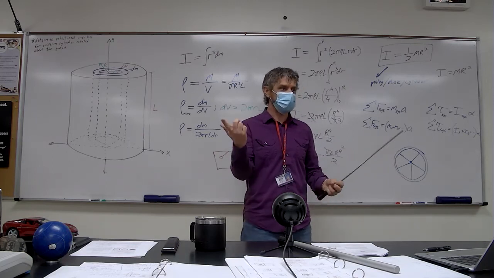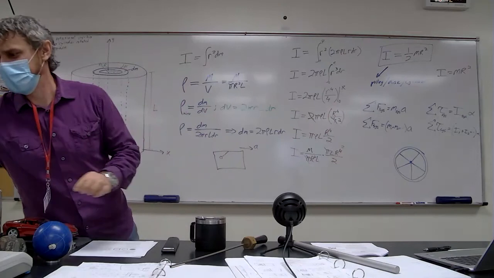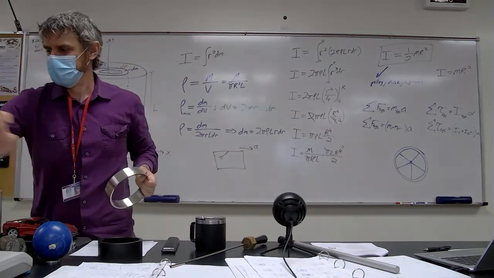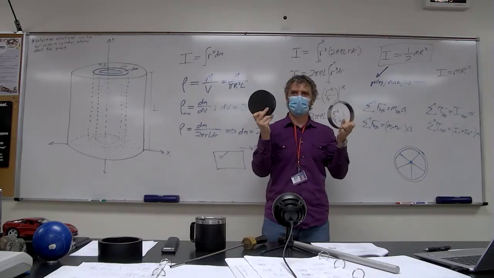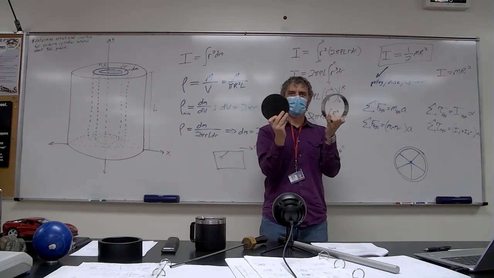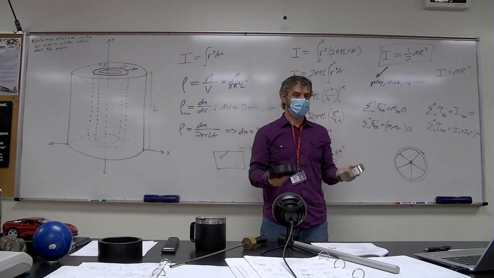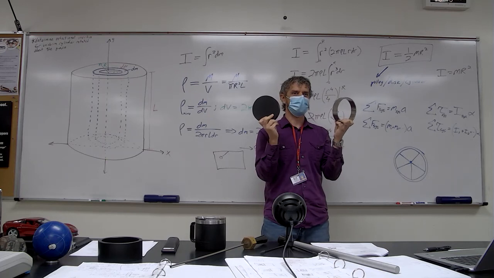It could be a single mass, or it could be how that mass gets distributed. So when I have two equal mass objects like this hoop and this regulation size hockey puck, these two have the same dimensions, the same radius, and the same mass, yet one of them has a much higher rotational inertia. Which one do you think has the higher rotational inertia?